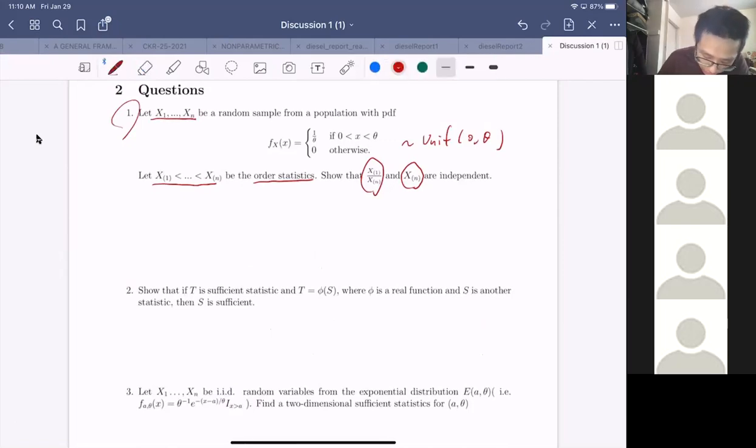Yeah. So the first part is fine. You have to check they are independent.